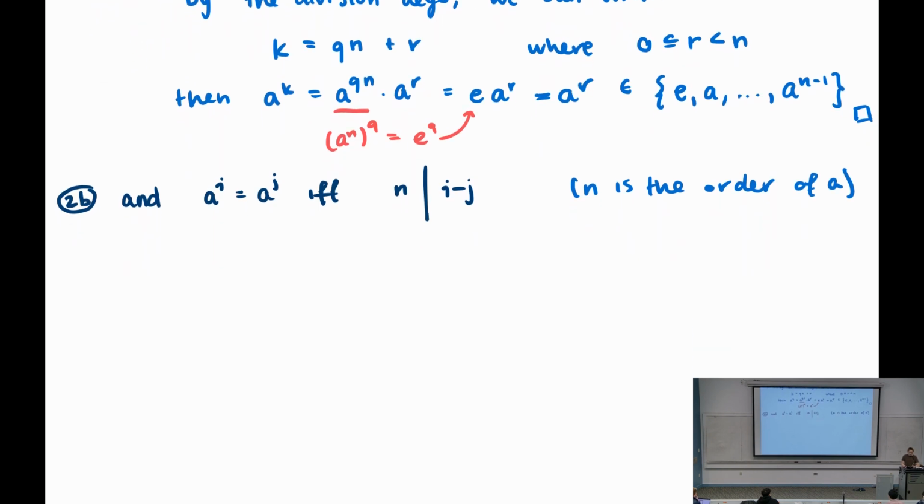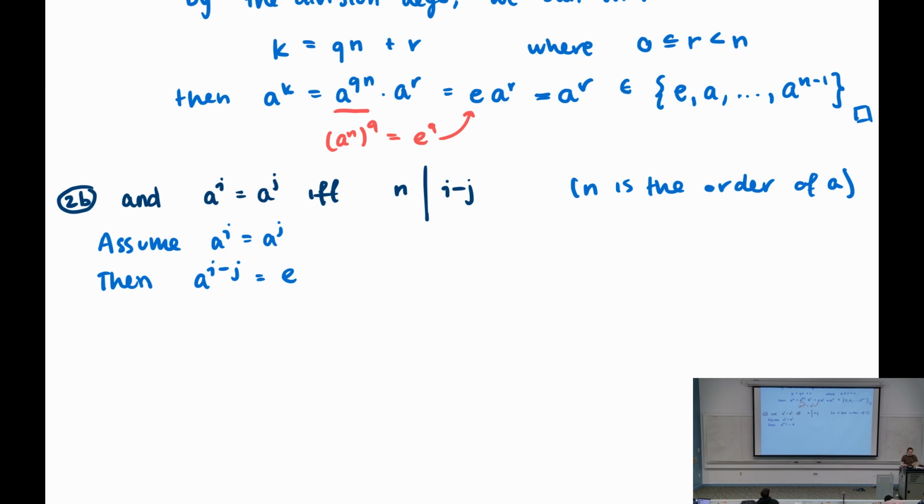Let's assume that a to the i is equal to a to the j. Then that means that a to the i minus j is equal to the identity.